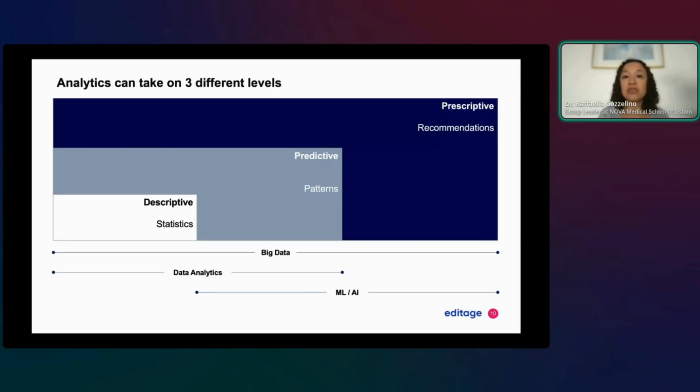So according to these three different levels, we have different involvement of big data, but also of data analytics, from the descriptive to the predictive, so from the statistics to the definition of patterns. This is what analytics means, but also in terms of training the algorithm and promoting further training of machine learning and AI solutions.